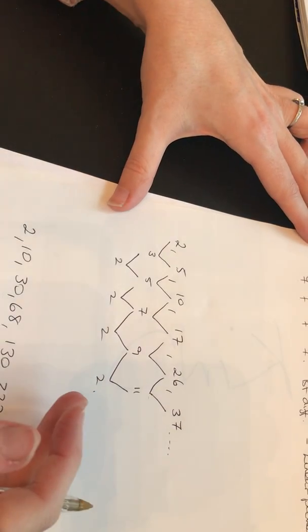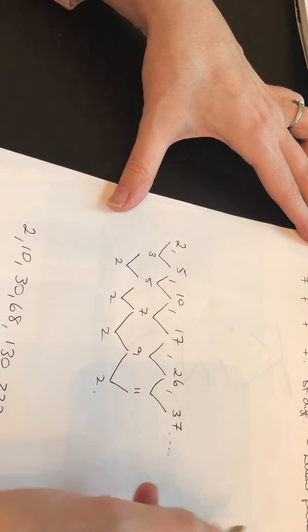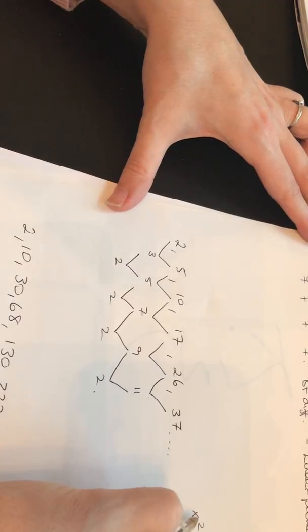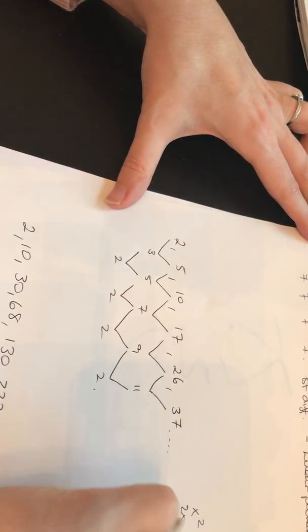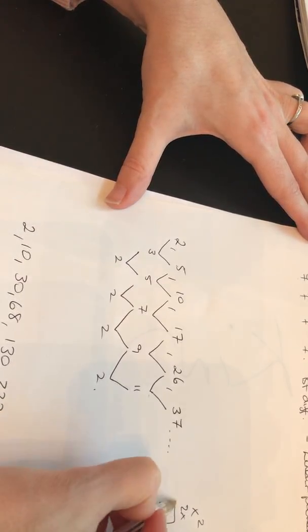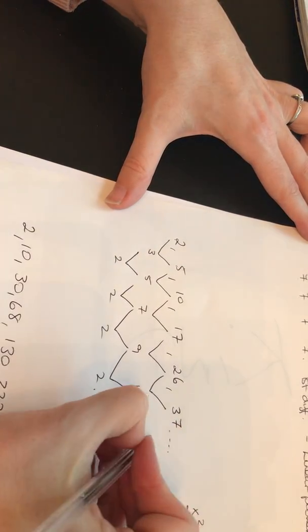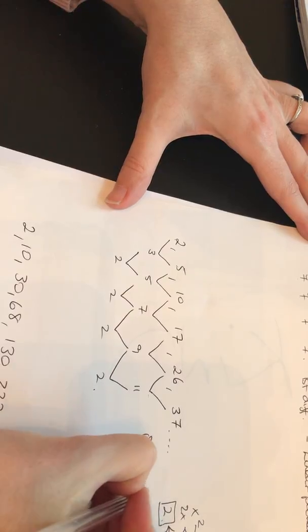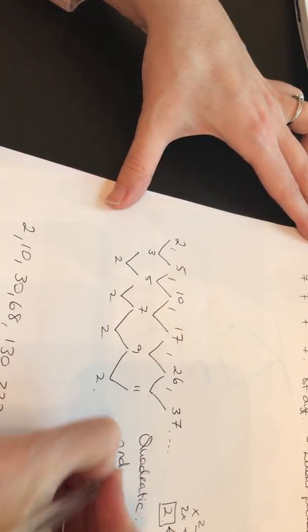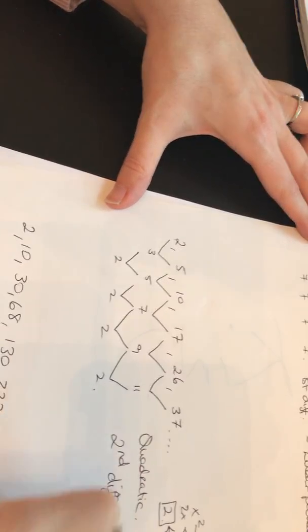Now, what type of function does that happen with? If you had an x squared and you differentiate it once, you end up with 2x. If you differentiate it a second time, it takes 2 goes to get to here. So this is why this one is a quadratic, and we recognize it because the second difference is a constant.